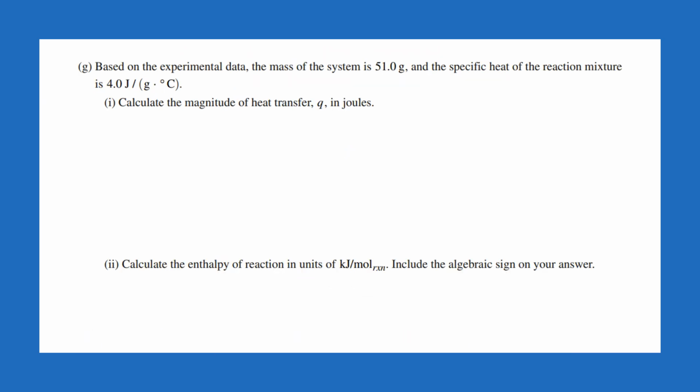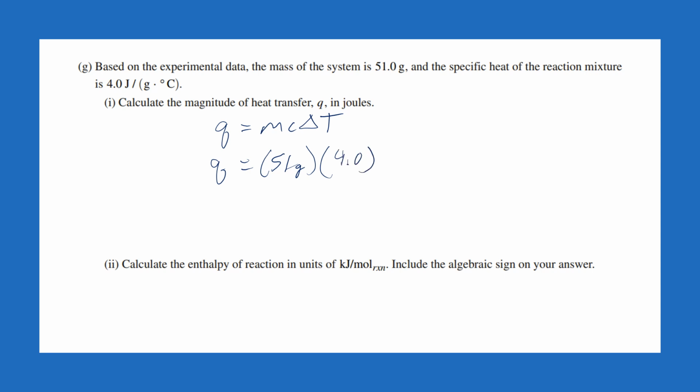And now, based on the experimental data, the mass is 51 grams and the specific heat of the reaction mixture is 4 joules per gram Celsius. Calculate the magnitude of the heat transfer, so Q equals mc delta T. Our mass is the 51 grams. The specific heat is 4.